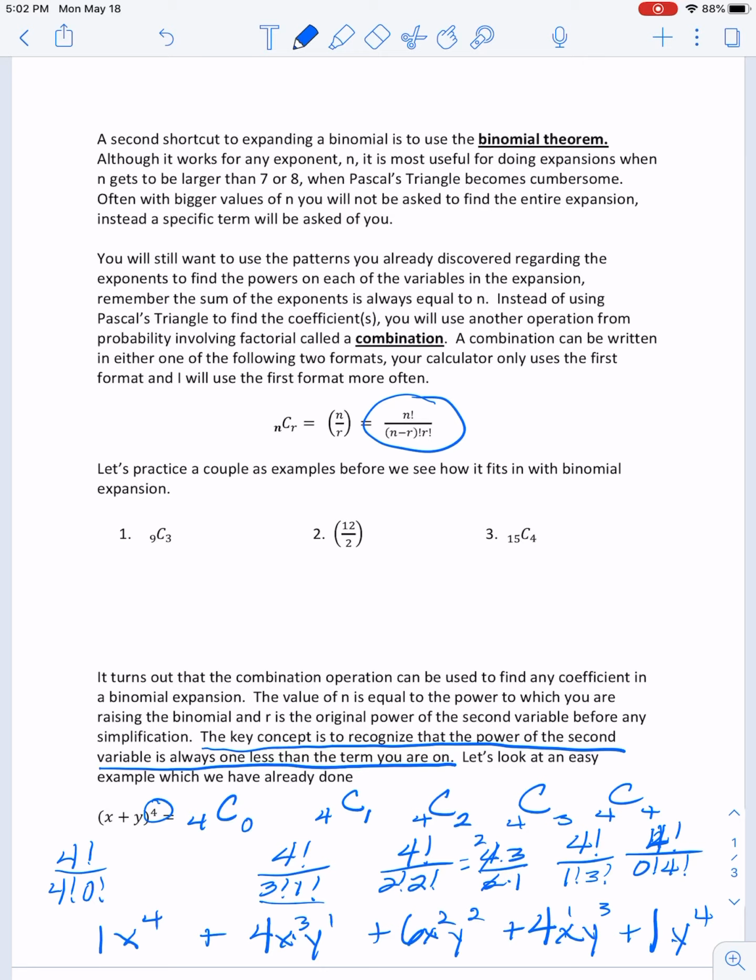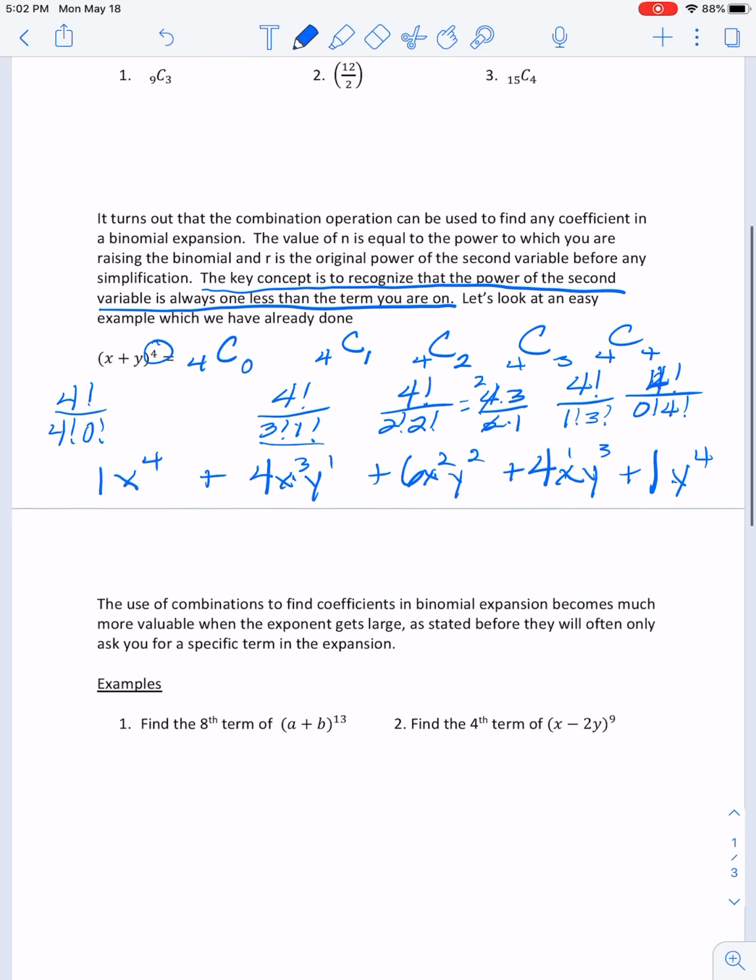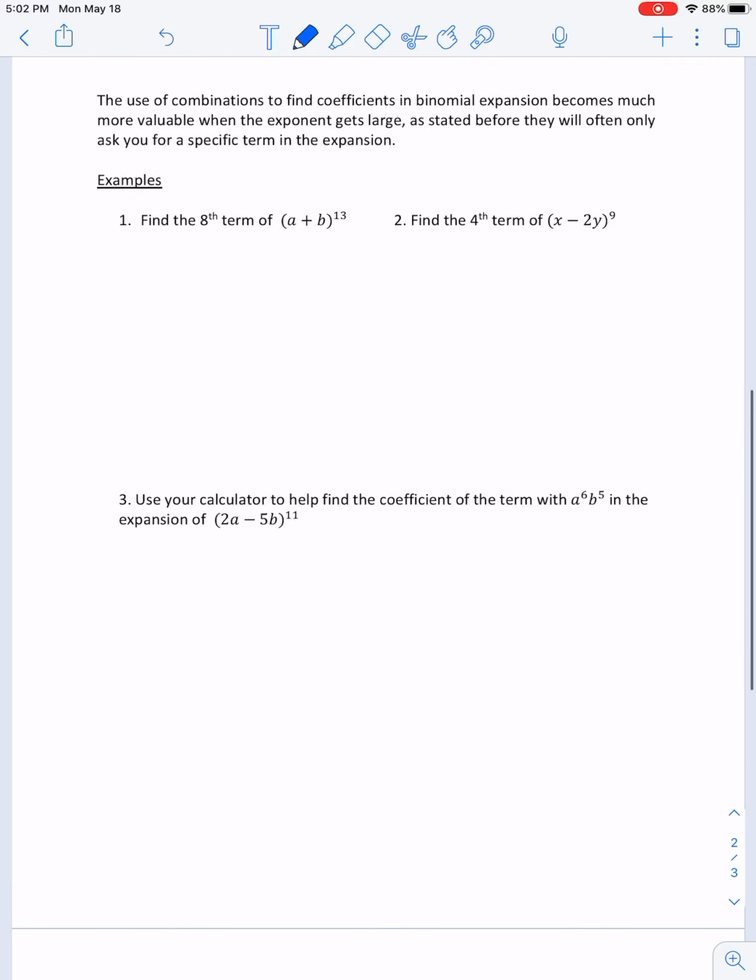Again, if you're raising something to the 4th power, you probably wouldn't use this methodology. You'd probably go to Pascal's triangle really quickly and use it. But as you can see, we're going to get some problems where Pascal's triangle wouldn't be as convenient. So as you can read here, the use of combinations to find coefficients in binomial expansion becomes much more valuable when the exponent gets large.